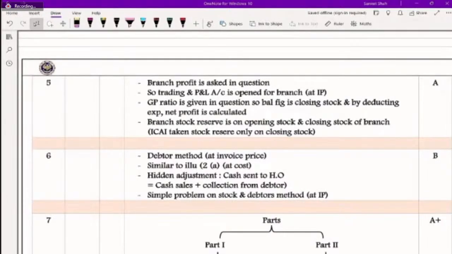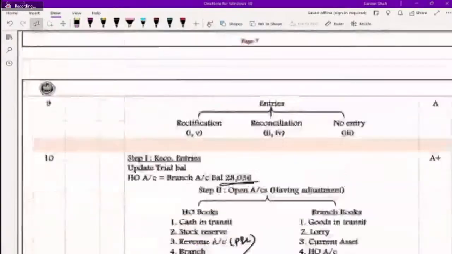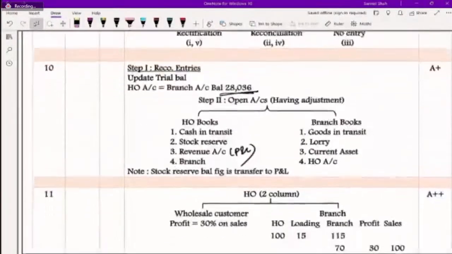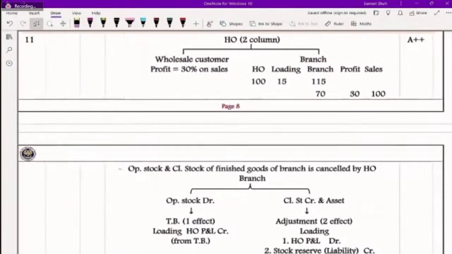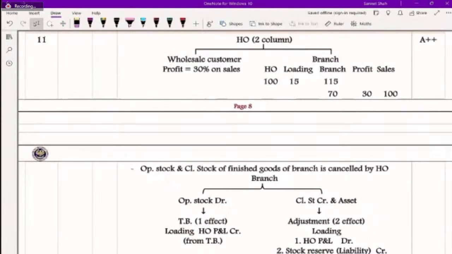We are almost at the end of this session, and today's homework, beta, yes, huge homework. Or you do one thing, you take a screenshot of 11 number, so it will help you out for hints. Yes, hints भी ले लीजिए. Yes, बेटा, कमीशन की एंट्री like departmental entry. ILU 11 का index ले लीजिए. So this will help you out for your revision. These are some hints. A plus plus category question, 11 number.